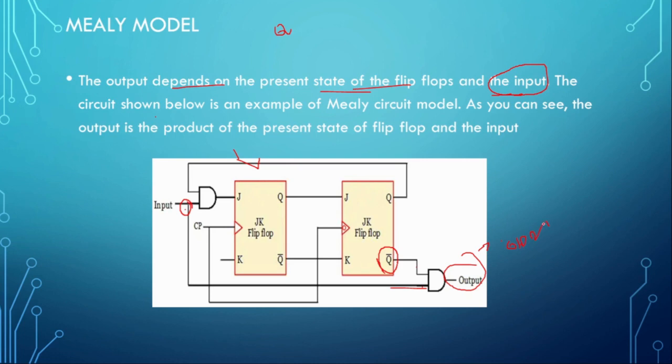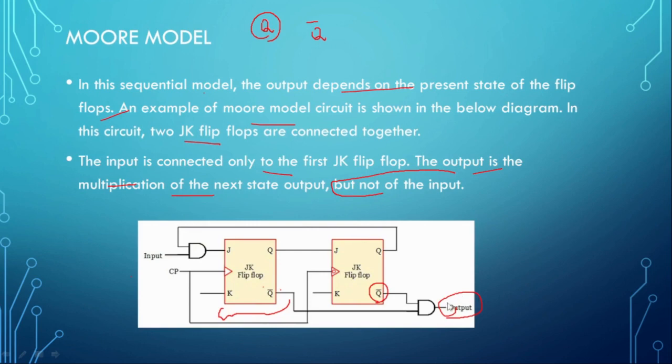That is in the Mealy model, but in the Moore model the output is dependent only on the present state of the flip-flop, and it is not going to depend on the input. It only depends on the present state or next state of the output, and it is not connected with any of the inputs.